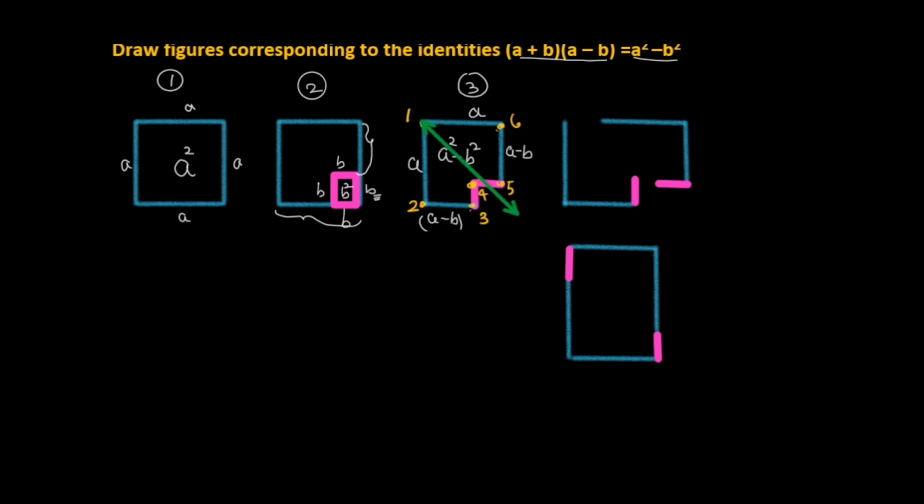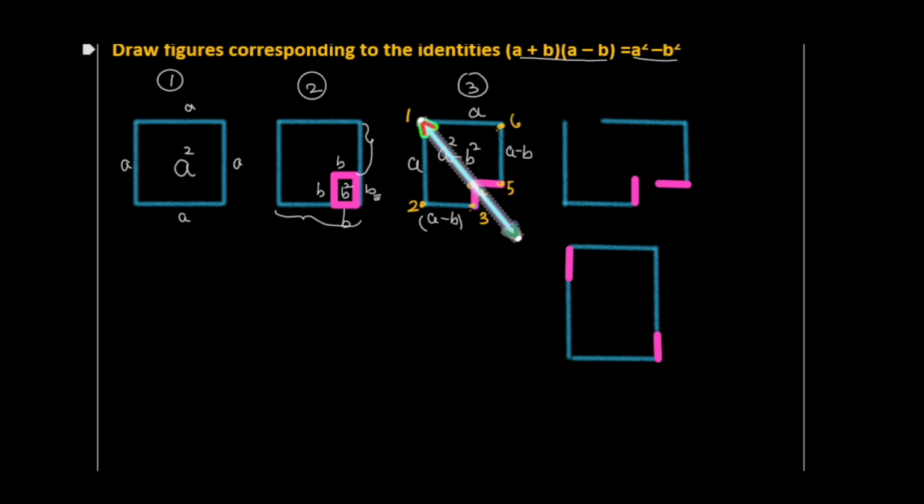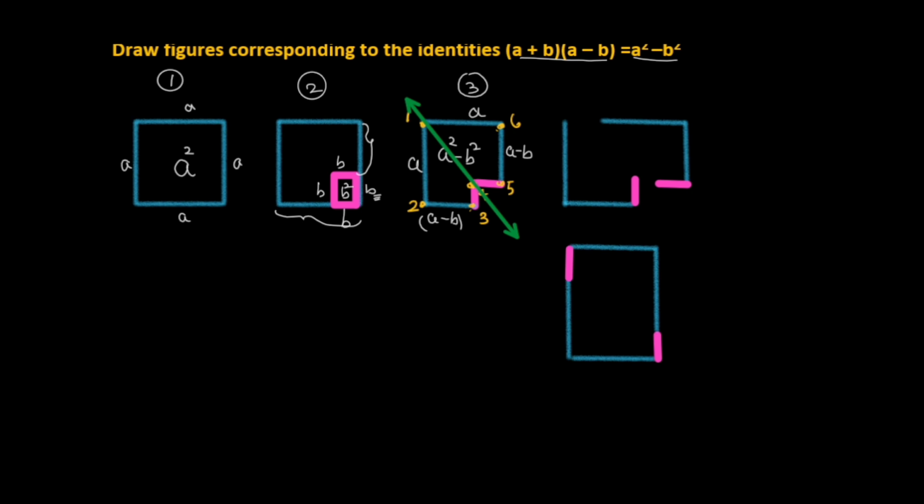We will get two different figures, figure A and figure B. Say this is figure A, this is figure B. In figure A we have vertex 1, vertex 2, vertex 3, vertex 4.